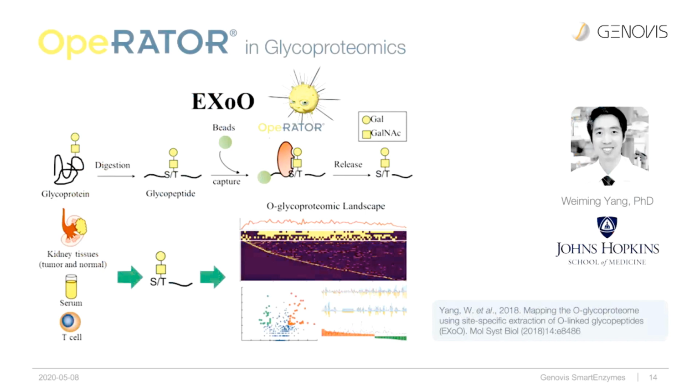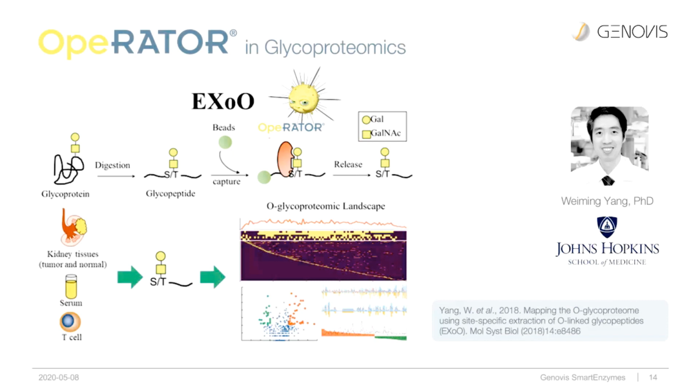And they developed a workflow they call XOO, which is based on OpeRATOR digestion to map O-glycosylation sites. The samples are digested using trypsin, and then these tryptic peptides are immobilized via their N-termini covalently onto a solid support.